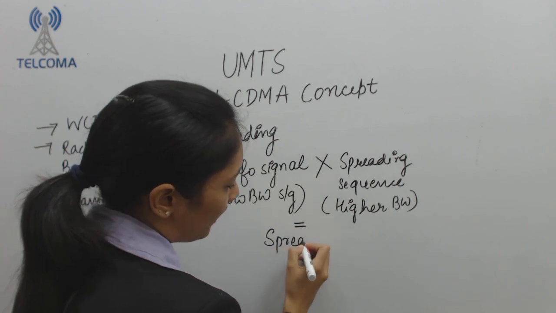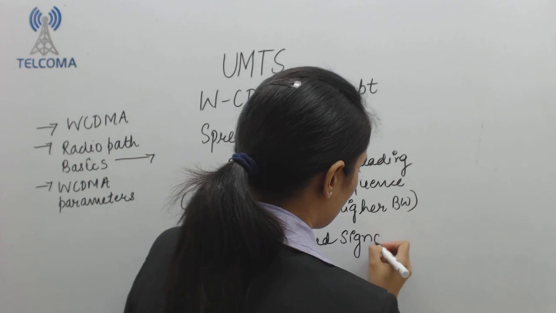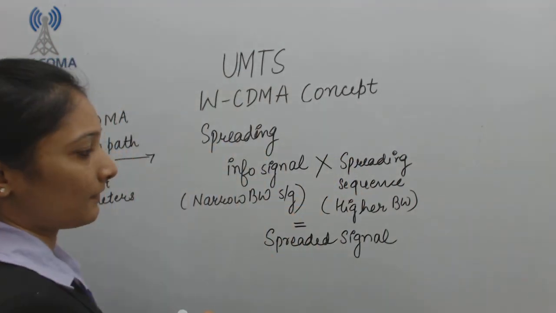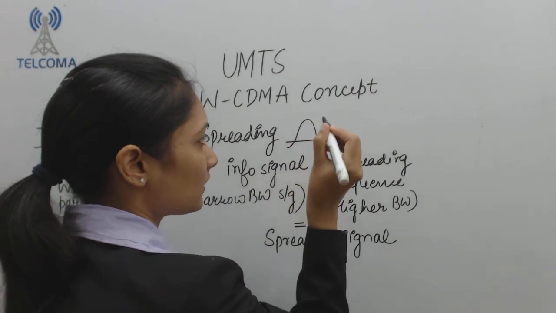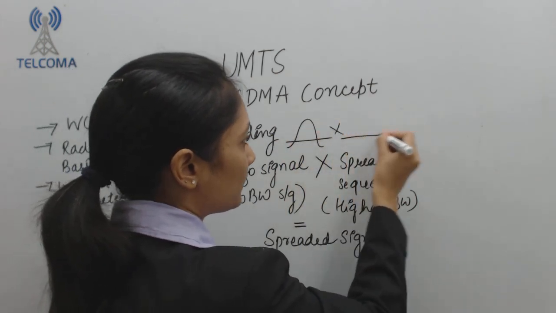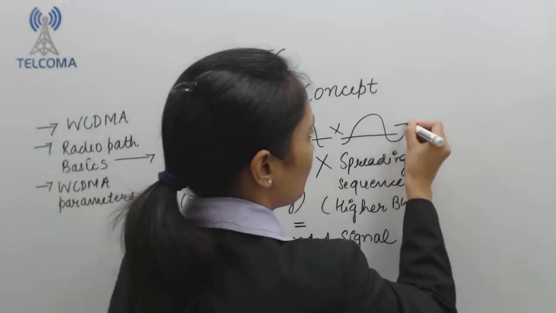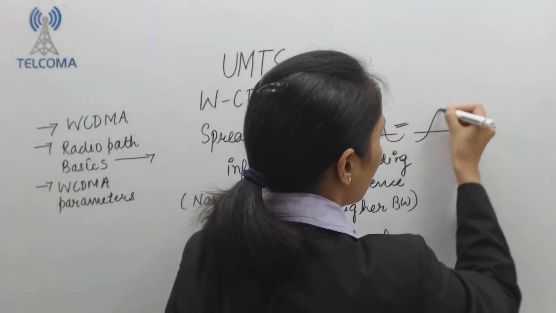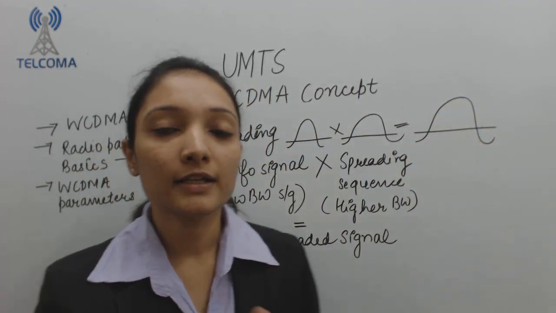When I'm multiplying my information signal with the spreading sequence, I will get a spreaded signal in the result. So if this is my information signal, I'm multiplying it with a wideband signal, and ultimately I will have a signal which is spreaded in nature.